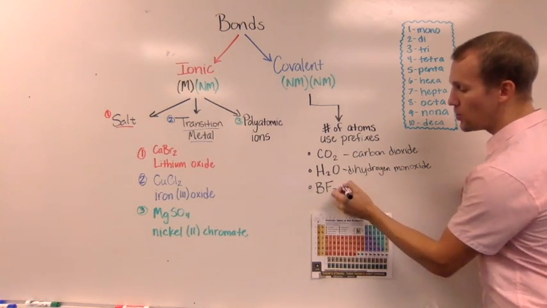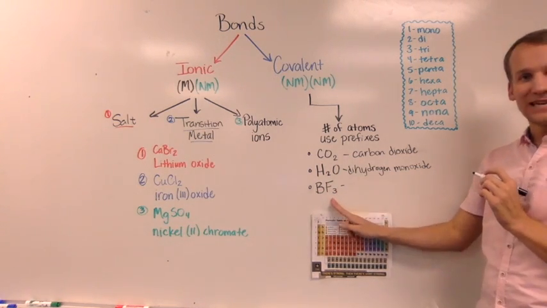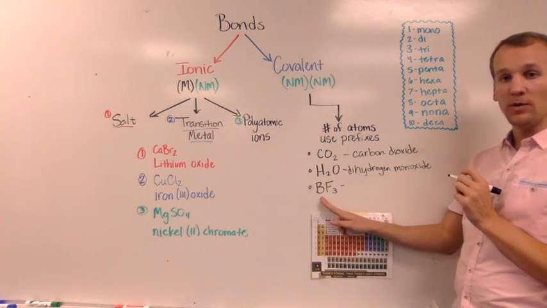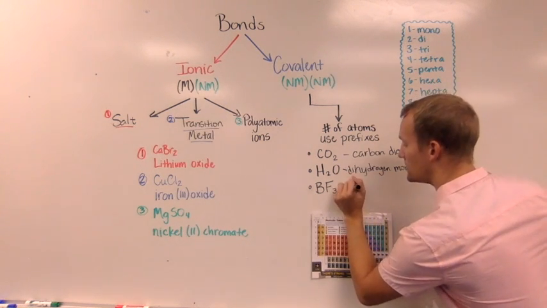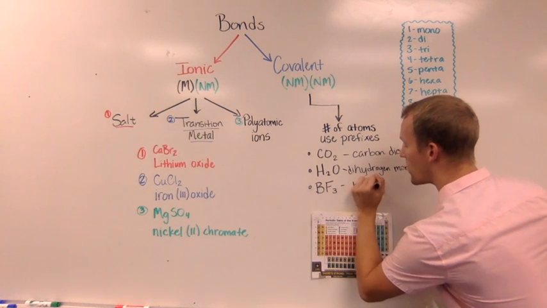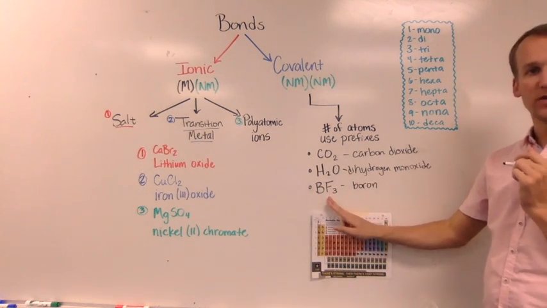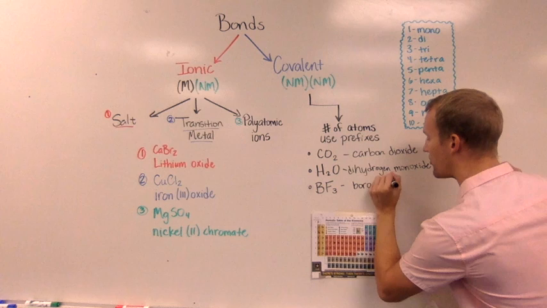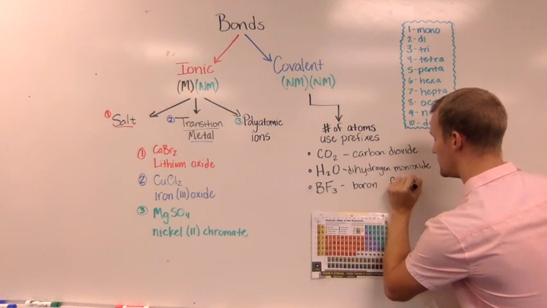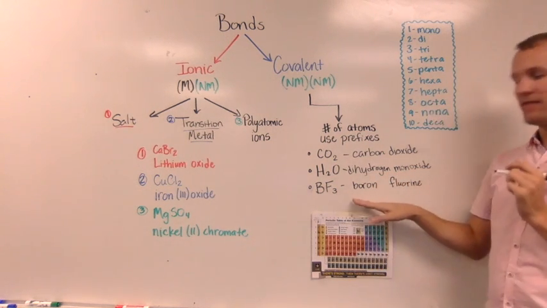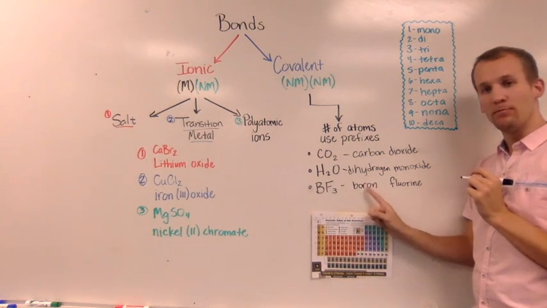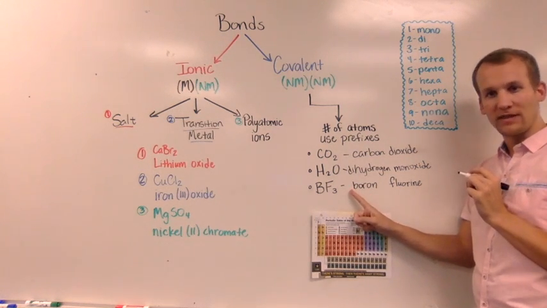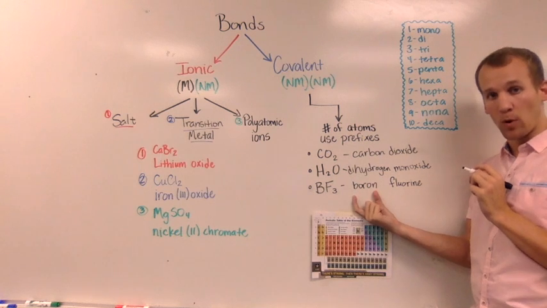Last example, we have 2 elements again. We have B, which stands for boron. So we have 1 boron, and we have F, which stands for fluorine. We have 3 fluorines. So in this compound here, we have 1 boron. Remember, we're not going to put mono at the beginning, so that just stays boron.